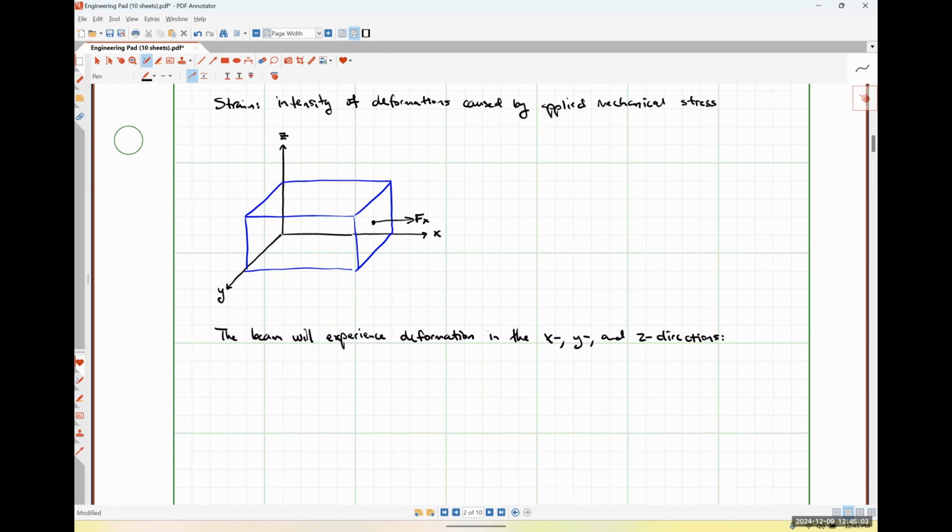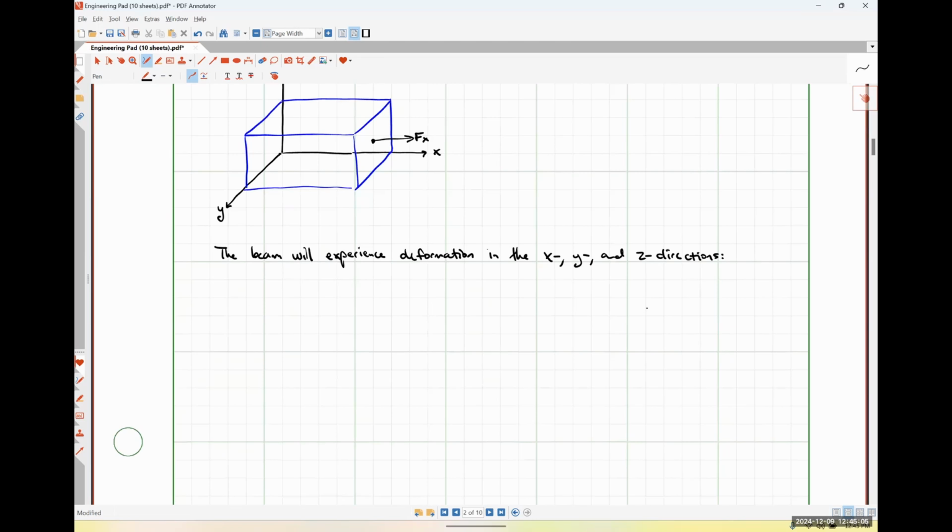And I'm going to try to illustrate this. So if we just take a screenshot or snapshot of what's going on, looking at the XZ plane here, we're going to consider our Y direction is coming straight out of the board at us.